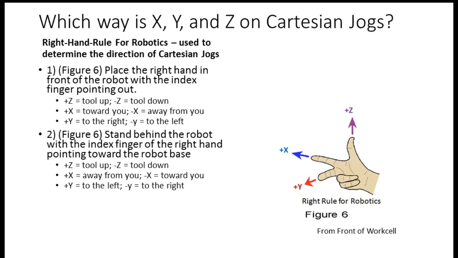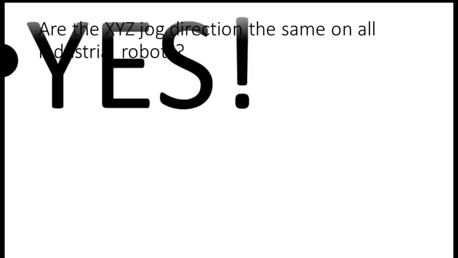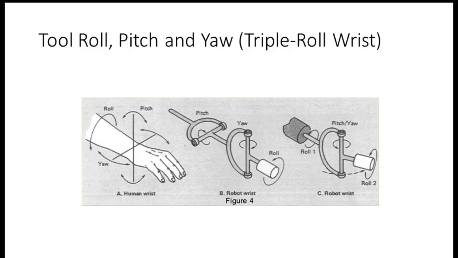So here's the right-hand rule for robotics. Determine the direction of Cartesian jogs. Everybody okay? And yes, we looked at that. Roll, pitch, yaw. We call this a triple roll wrist.